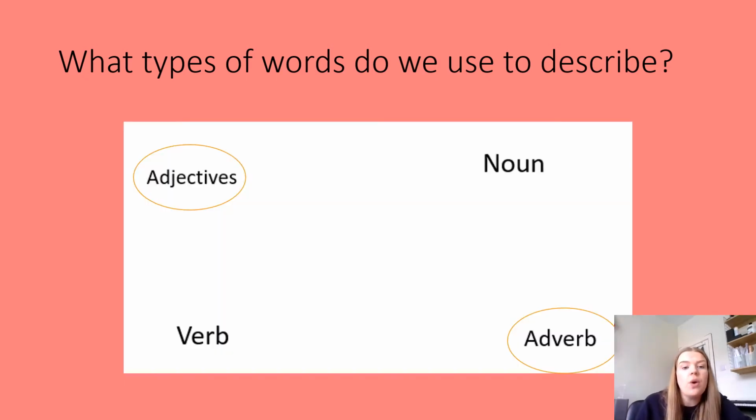If you got adjectives, well done. We know that one, don't we? We know that one definitely helps us to describe. Can anybody think what an adjective does? Well, an adjective is a word that describes a noun. And we know, don't we? A noun is a person, a place, or a thing.